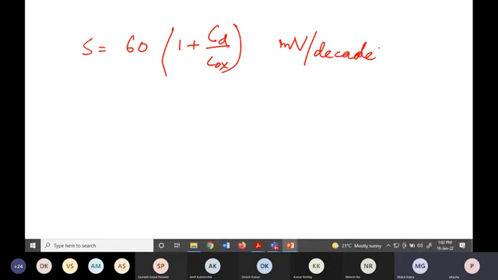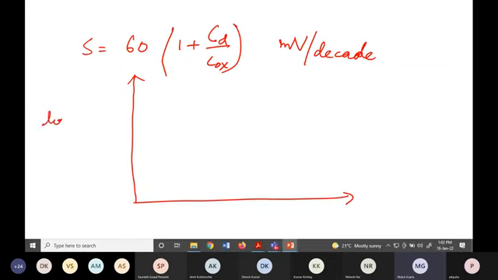That means if I plot log IDS over VGS, in the log scale, you see, if this is my threshold voltage, then beyond threshold voltage the current will hardly increase, because it goes from linear region to saturation region.